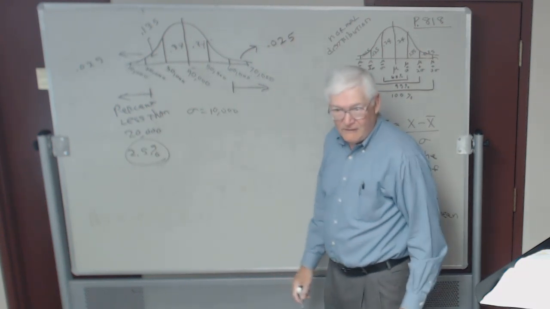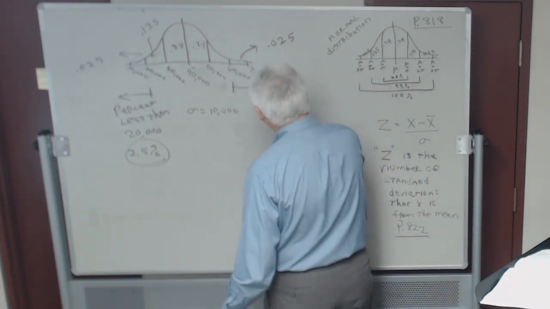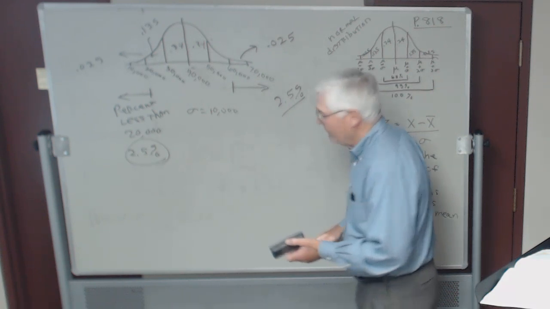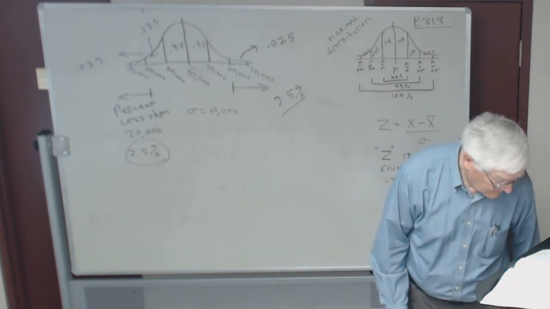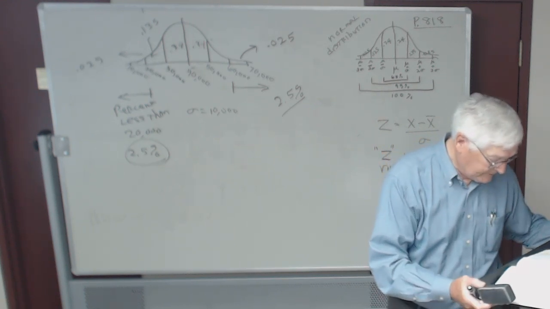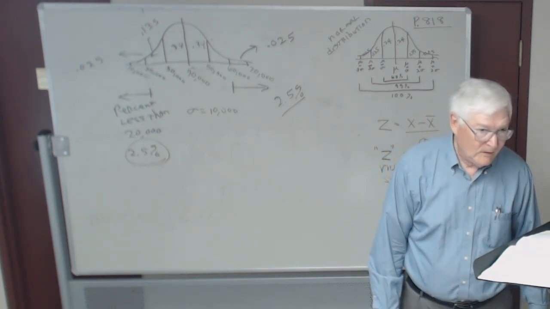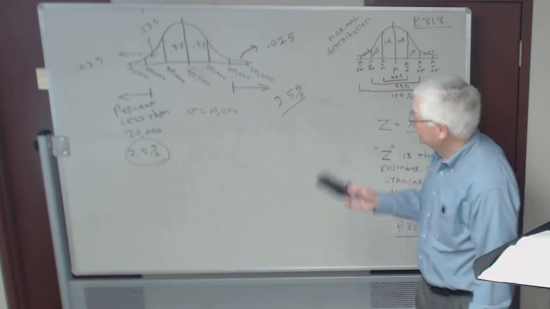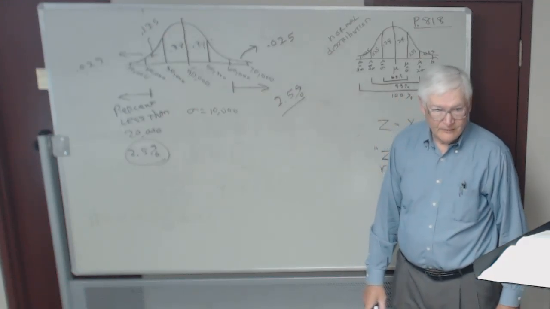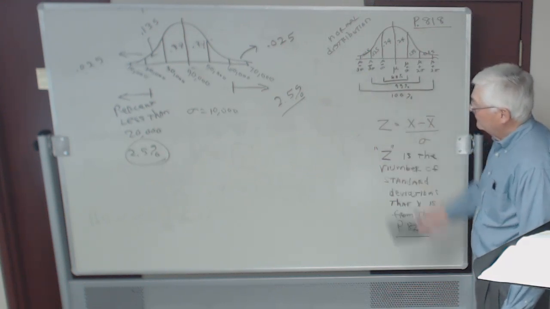Is that right? From that picture on page 818. So that would be 2.5%. Would have an annual income of more than $60,000. Because it said these salaries are normally distributed. So when it says normally distributed, this is the information that we use to answer the questions.